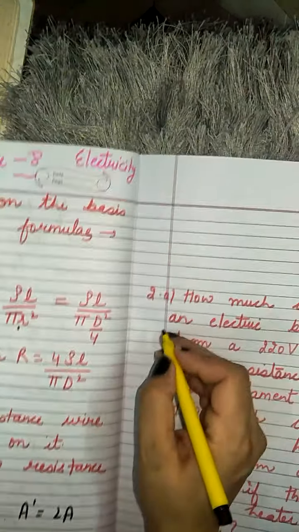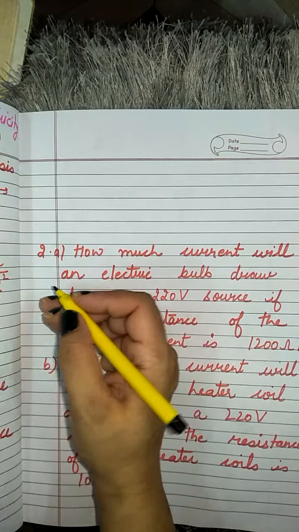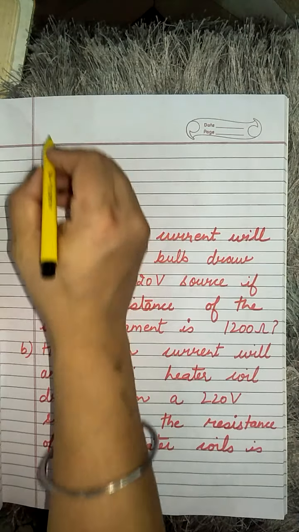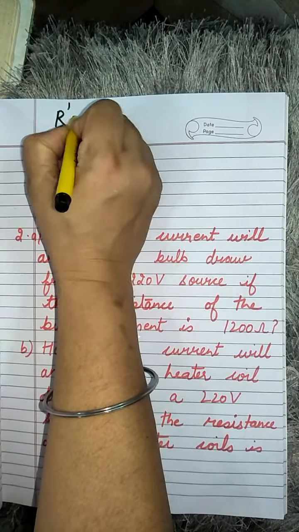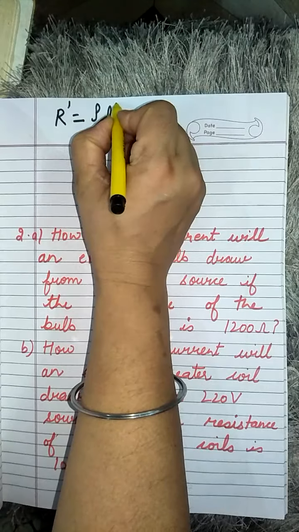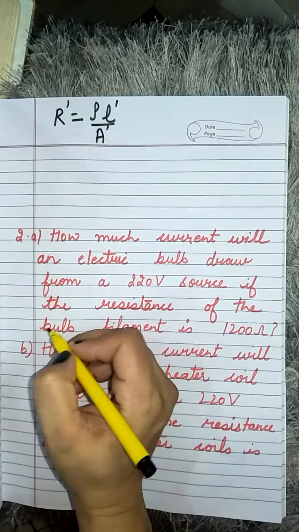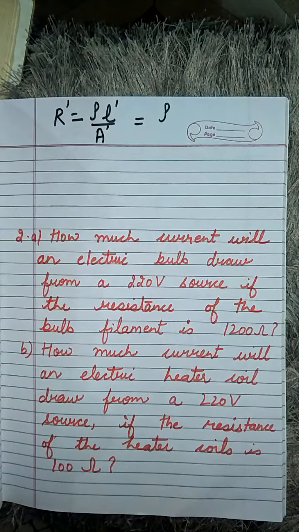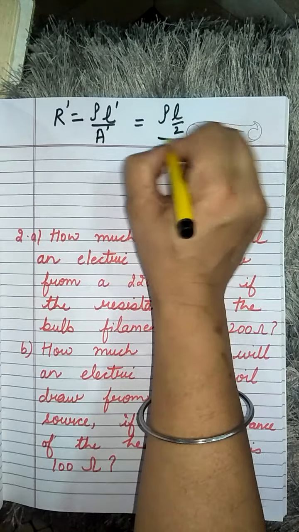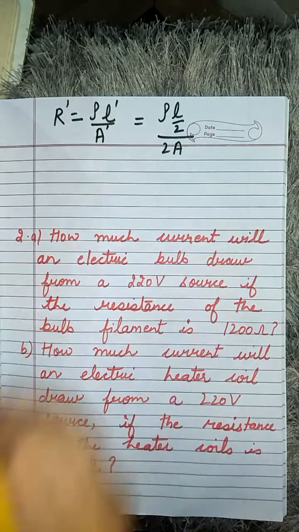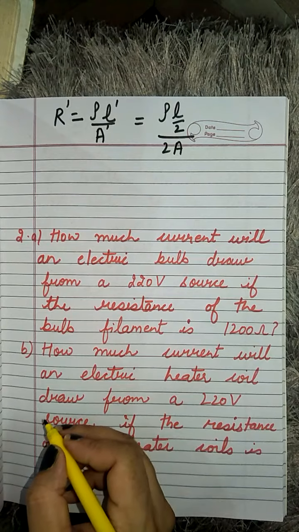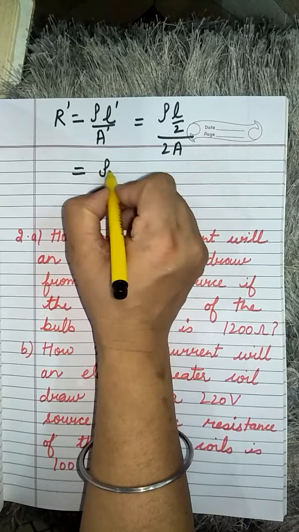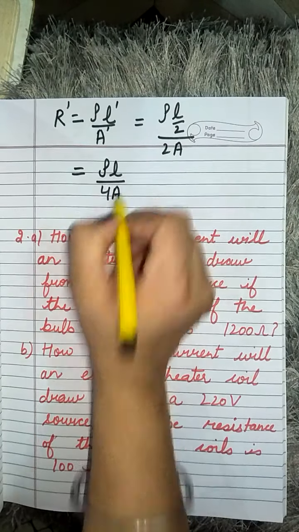Then he is asking you to find out the new resistance. So how will you find the new resistance? R dash you want to find out, it will be given by rho L dash over A dash. Now let us put the values. L dash is L by 2, A dash is 2A. I hope you are getting it. Then when you solve it, it will come out to be rho L over 4A.